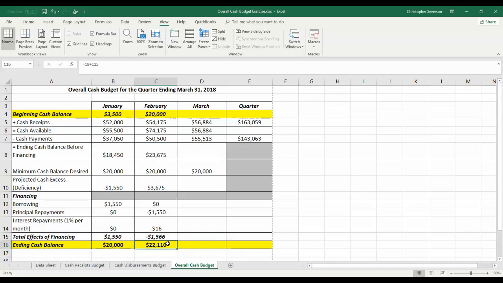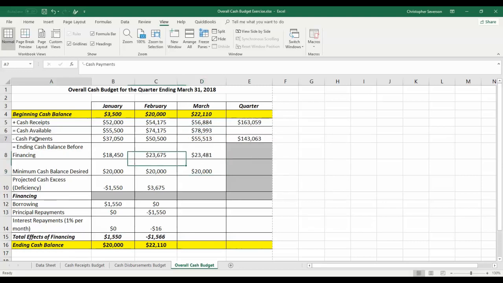Now we have less because we had to pay our principal and interest back. For March, this beginning balance is coming from the ending balance. Again, it updated our formula. The ending cash balance before financing is our cash available minus our cash payments, and you end up with $23,481.